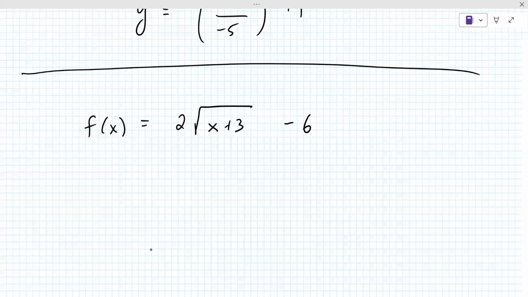So x equals 2 times (y plus 3) squared minus 6.